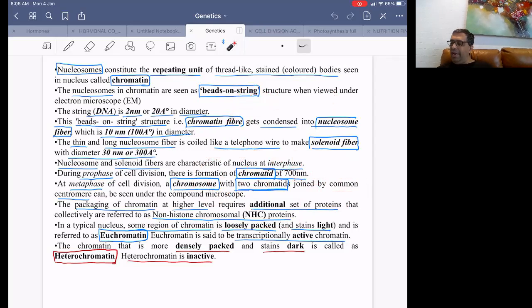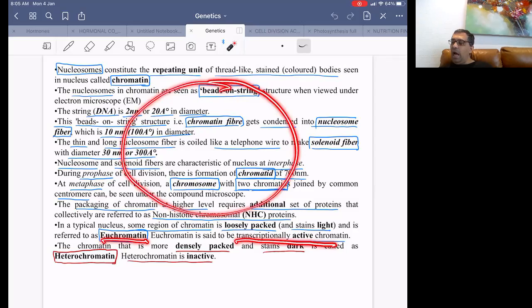In a typical nucleus, some region of the chromatin is loosely packed and stays light and is called euchromatin, which is transcriptionally active chromatin. So this is your actual chromatin fiber. This is how chromatin fiber looks. You have bead string, bead string, bead string, and similarly here also bead string.